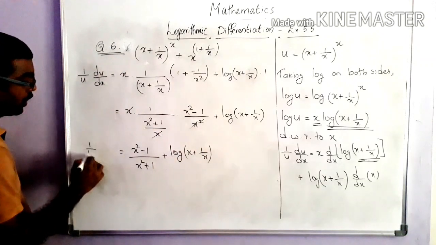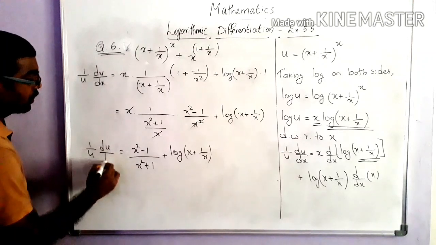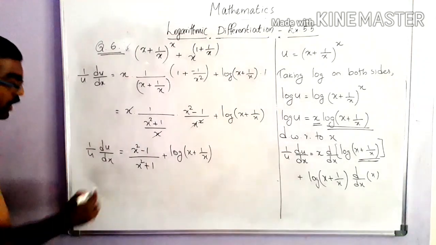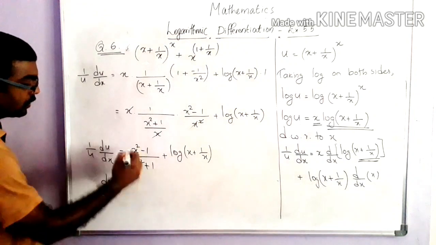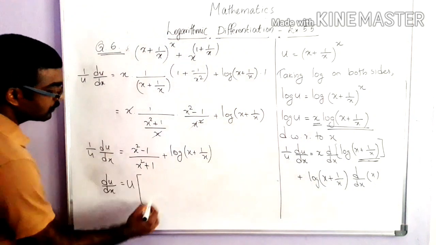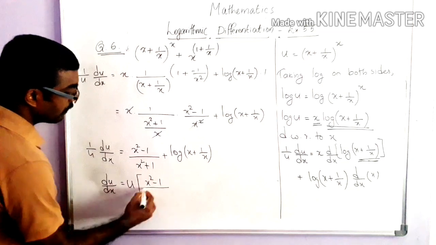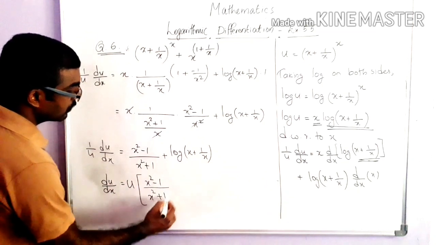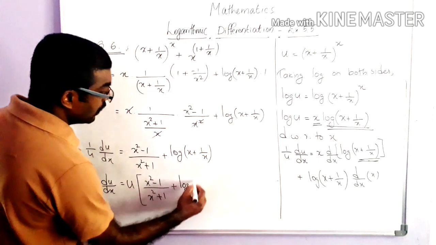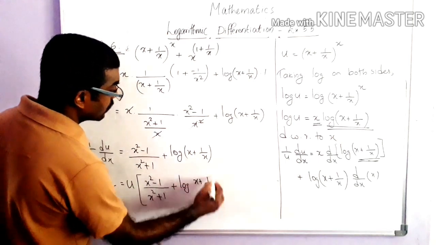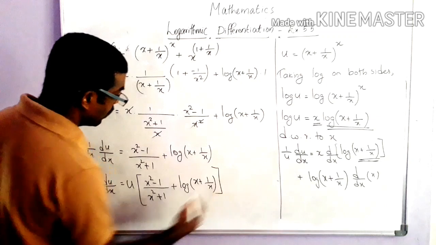That is 1/u into du/dx is equal to this term, so du/dx is equal to, you can cross multiply this u to the right side, u into (x squared - 1)/(x squared + 1) plus the second term log (x + 1/x).